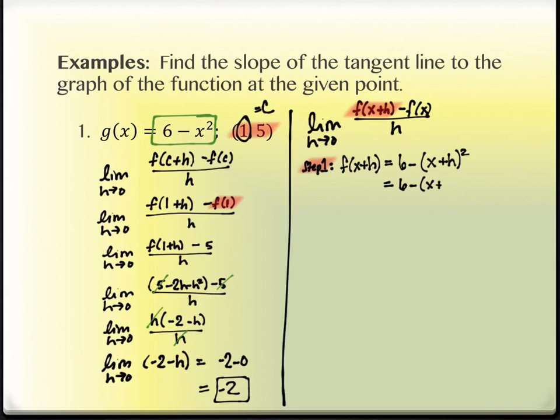So if I multiply x plus h times x plus h, and I FOIL that out, I get x squared. On the inside and the outside, I have xh, so that's 2xh. And my last term is just h squared. And if I distribute the negative, this is 6 minus x squared minus 2xh minus h squared.